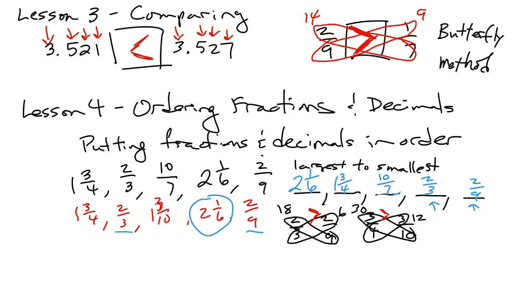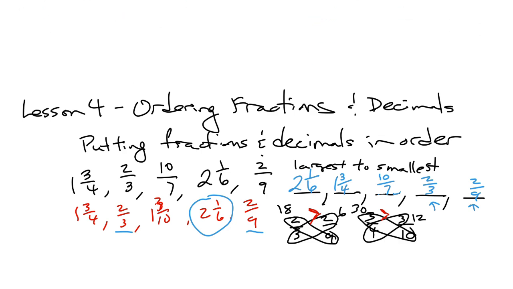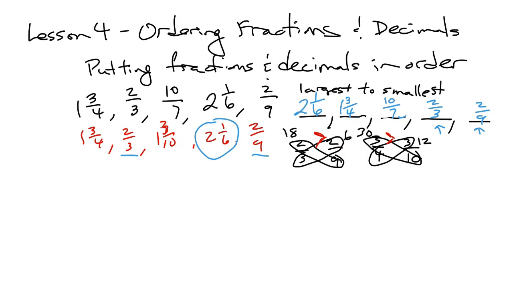Then let's say I have 4.2, and I have 4.01, and I have 4.26, and I have 3.91, and I have 2.4.